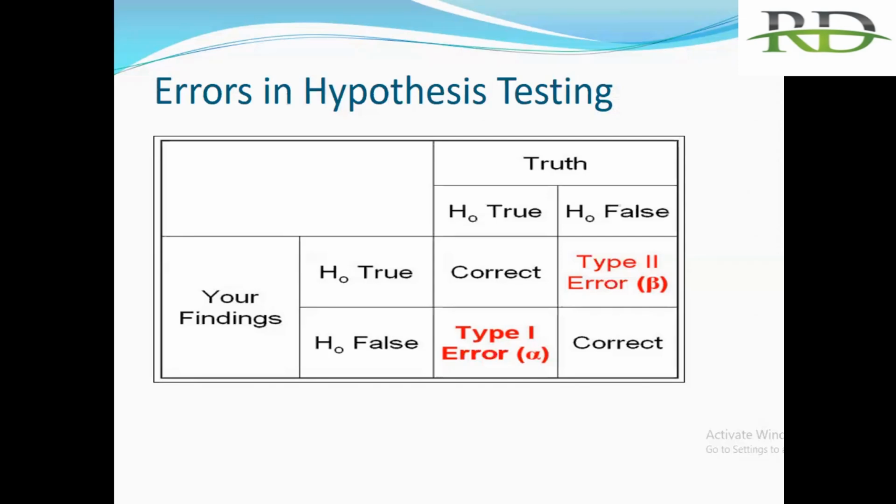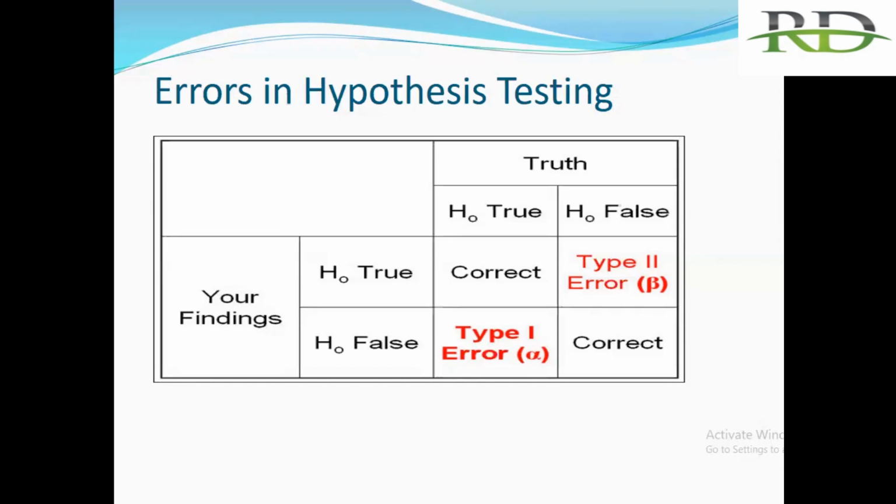Only 5 times. So whenever we do testing of hypothesis, we will come across this. I will be repeatedly using level of significance 5%, alpha 5%. This means that type 1 error is assumed to be 5%.